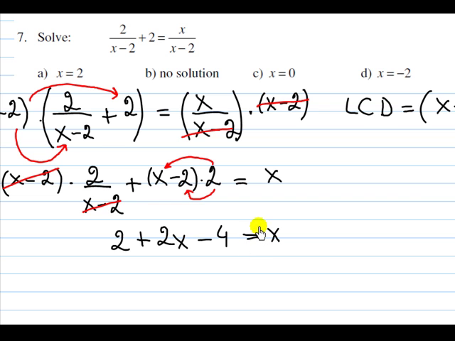Now pay attention to what we did: after multiplying both sides by the LCD and distributing, all the fractions went away and we don't have fractions anymore, and we can solve this.